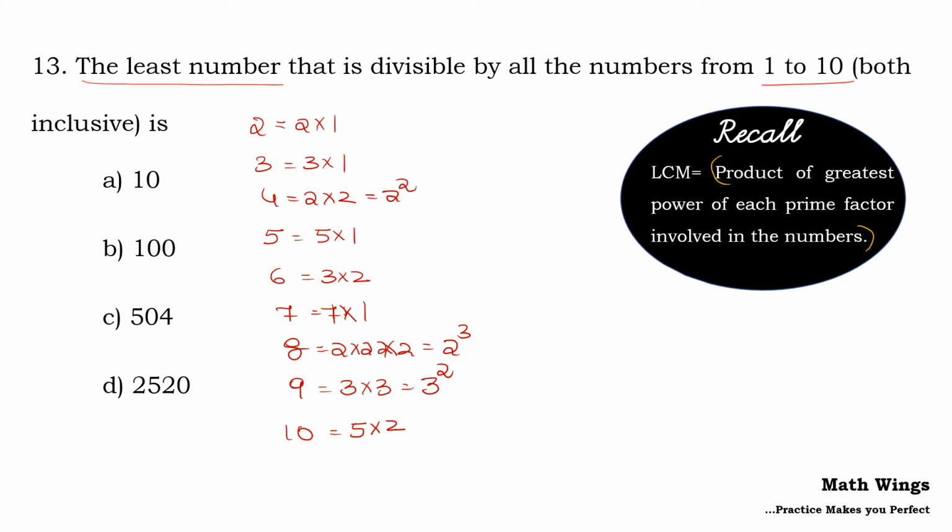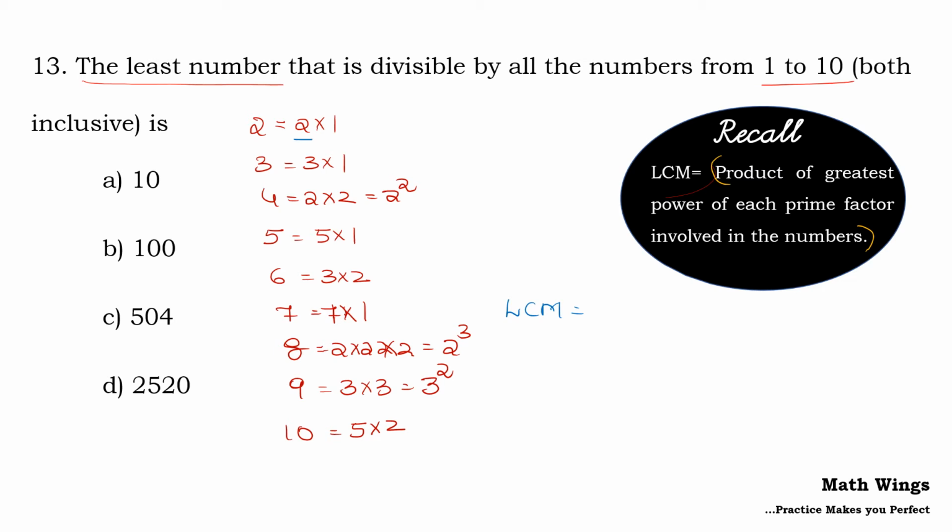Now let us see how we can find the LCM of these numbers. LCM is the product of the greatest power of each prime factor involved in the numbers. First let us list out each prime factor present in the prime factorizations.